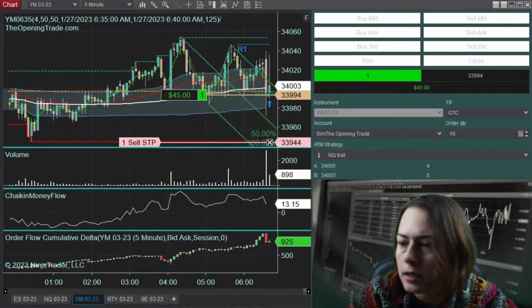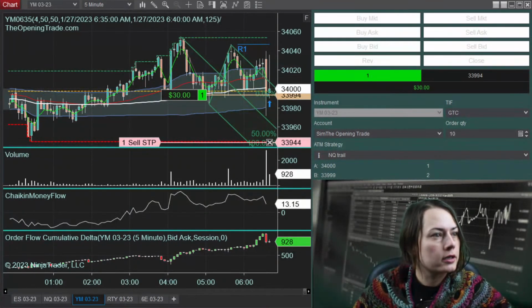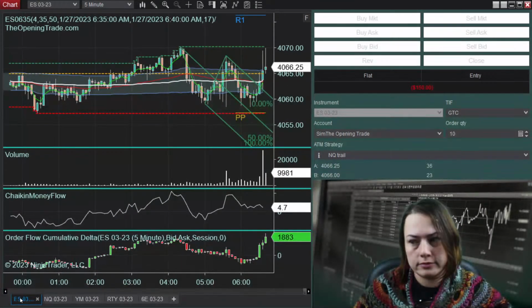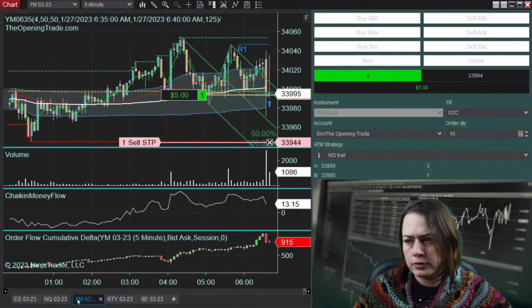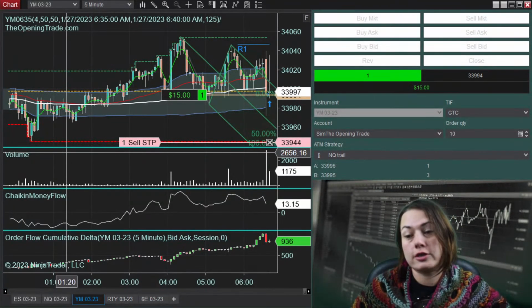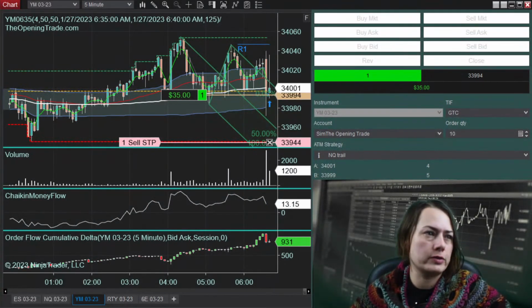Alright, it didn't fire. So we're still in one automated trade on the Dow Jones. I'm not sure if production's talking to me or not in the background, so sorry if I am being confusing.